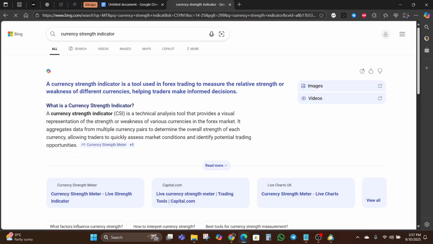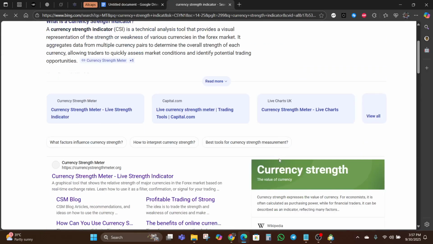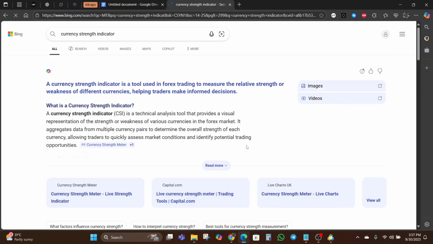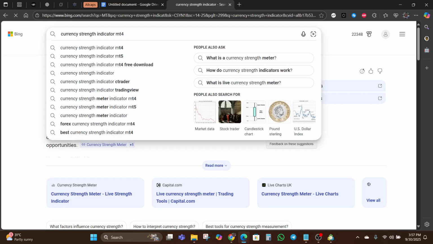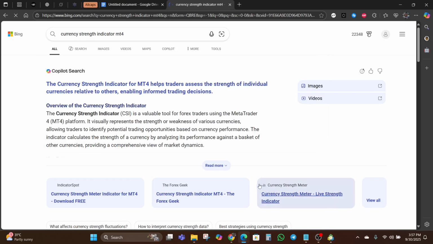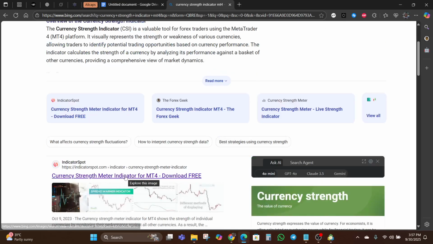Now, in simple terms, a currency strength indicator measures the relative strength of different currencies against each other. So instead of looking at just one pair, it analyzes multiple pairs at once to show you which currencies are the strongest and which are the weakest at any given time.